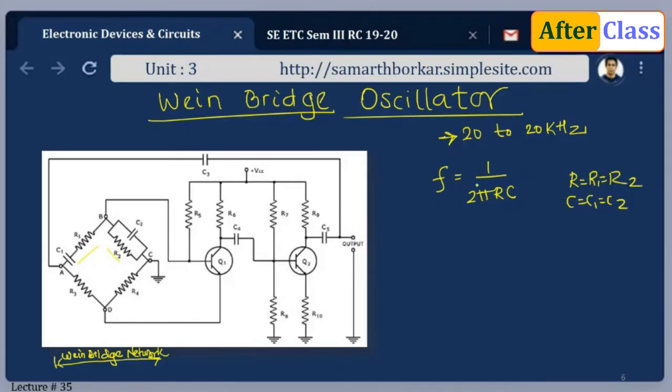Now, if I want to change the frequency, either I have to change the value of R or C. For example, if I want to design this circuit to operate at f equal to 1 kilohertz, then I select the value of C as, say, 1 microfarad, substitute C as 1 microfarad, f as 1 kilohertz, and you find out the value of R, that is the unknown.